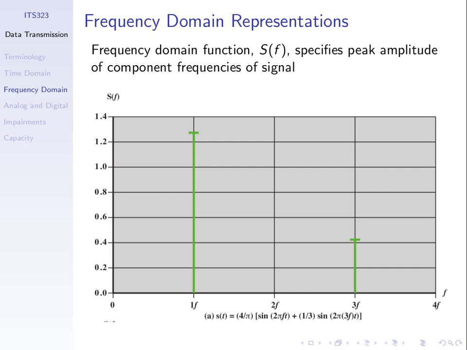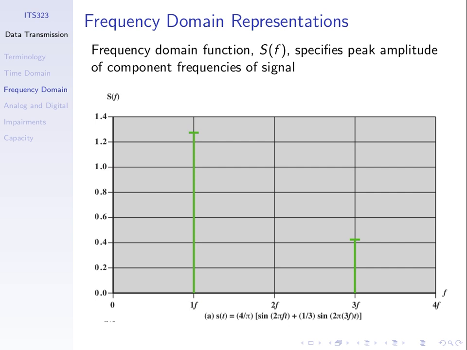There are two components. Component 1 has frequency 100 Hertz. It has a peak amplitude of 4 over pi, 4 over pi sine 2 pi 100 t. So what we do is we plot an impulse at 100 Hertz with an amplitude of 4 over pi, which is about 1.3.